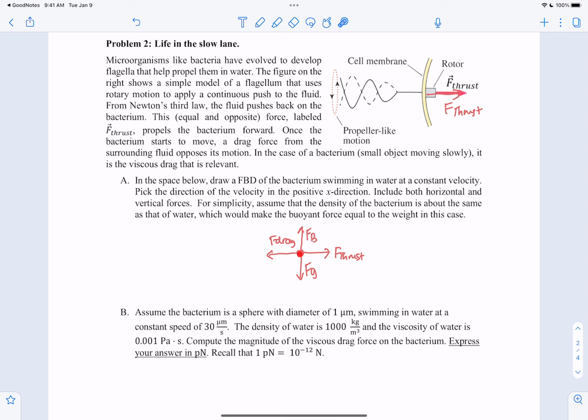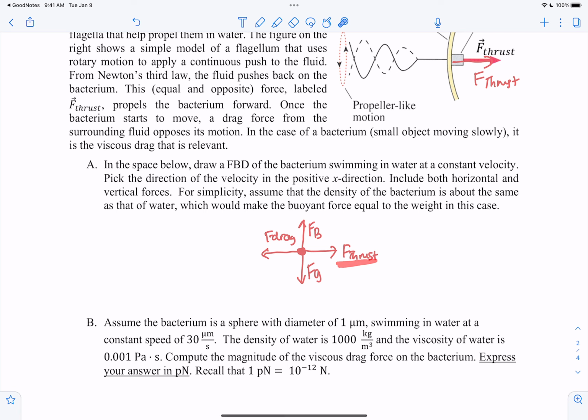But if you have two forces pointing in that negative x direction, it makes things a little bit weird, because then you would think that maybe there is a net force to the left. Because if F thrust is supposed to be equal to, but opposite in direction to, that F push that the flagellum is exerting, then F push plus F drag will overwhelm the thrust. So you would think that there would be a net force moving to the left.